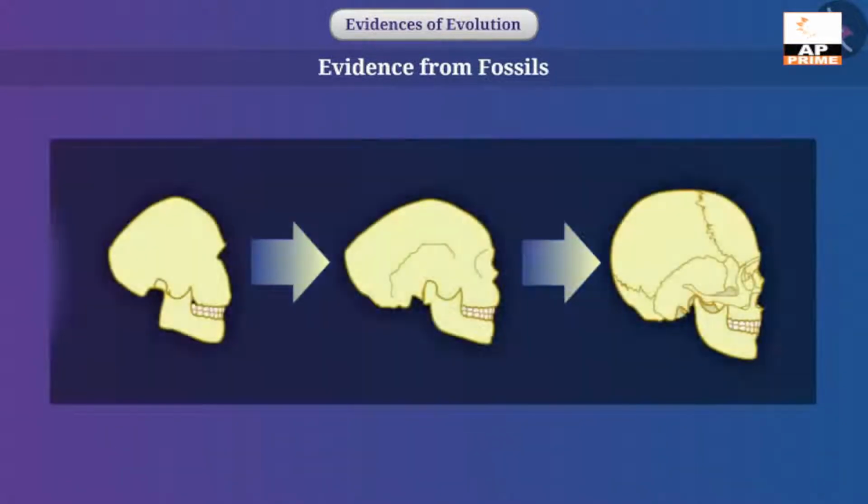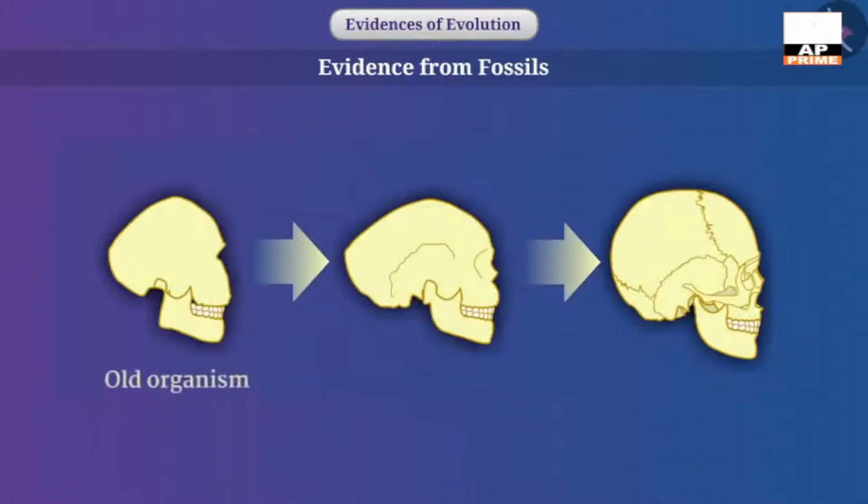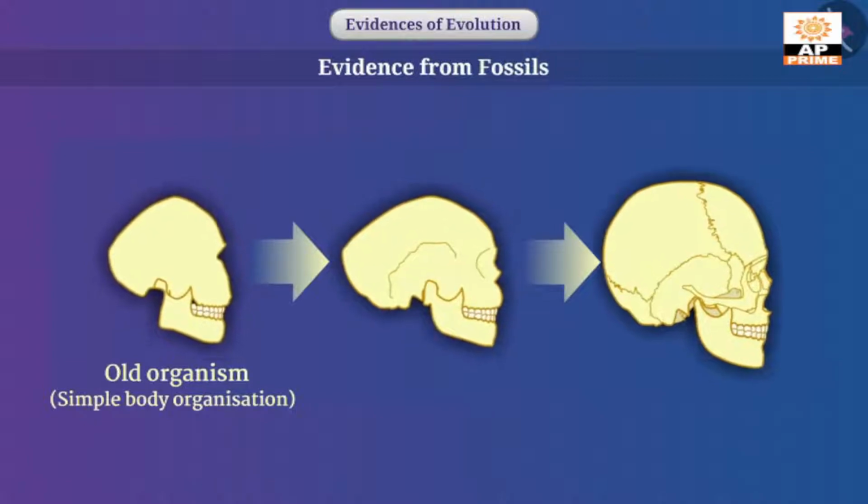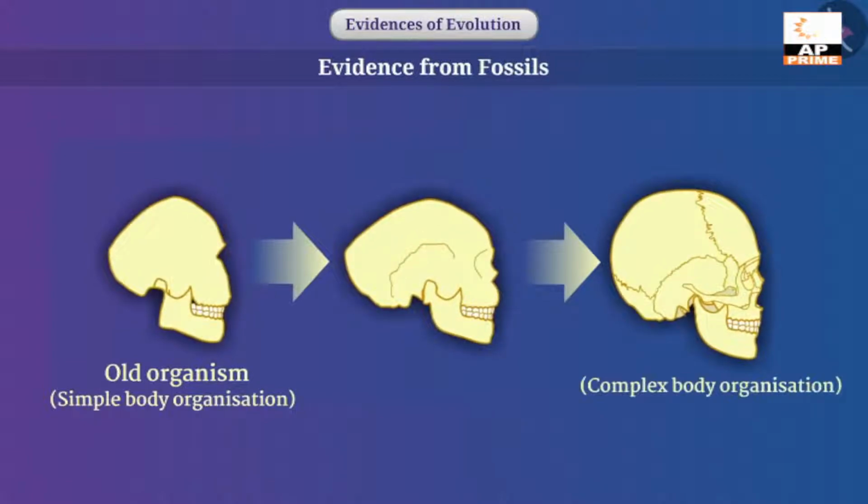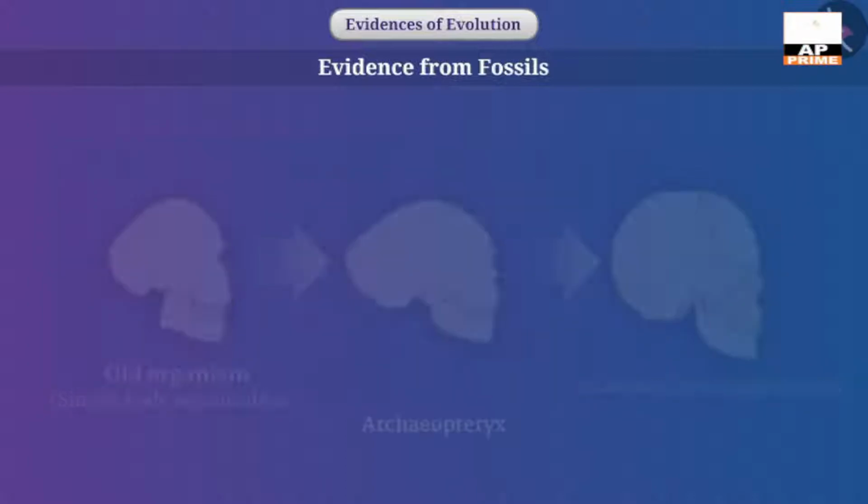From the study of fossils, it is known that the body organization of the oldest living organisms was simple and gradually became complex with time. That is, slowly with time, complex organisms evolved from the simplest organisms.